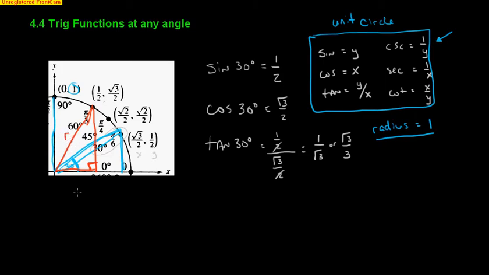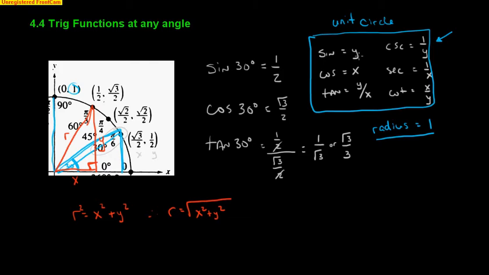We have an x here and a y here. We know r squared is the same as x squared plus y squared, so therefore r is the square root of x squared plus y squared.